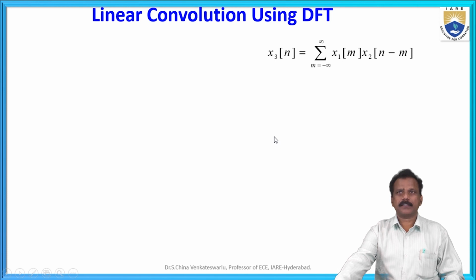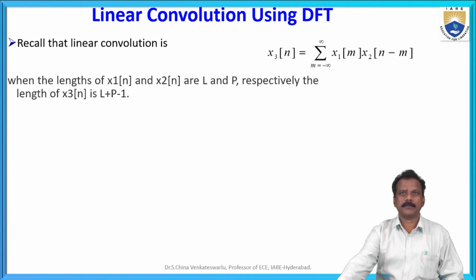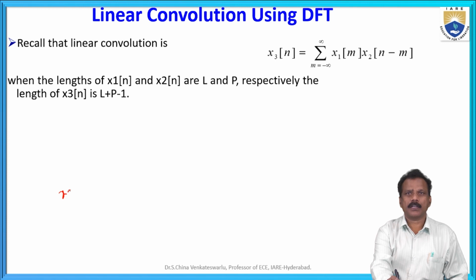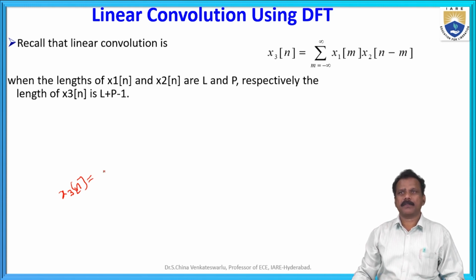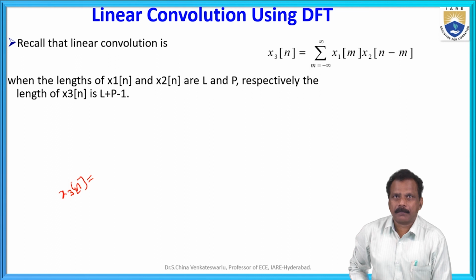Recall that linear convolution is given by x3 of n equal to the summation over m from minus infinity to plus infinity of x1 of m into x2 of n minus m.